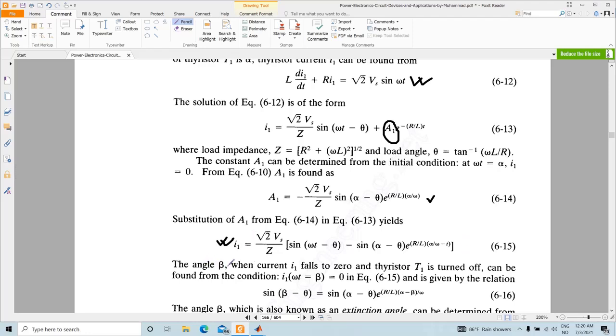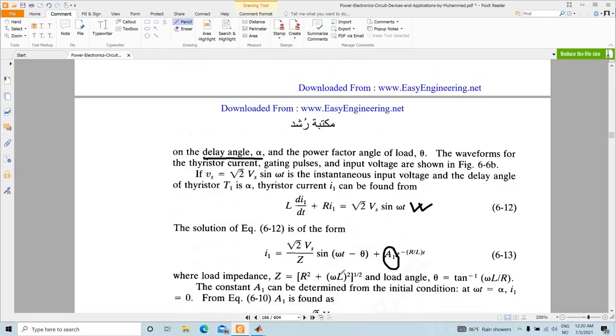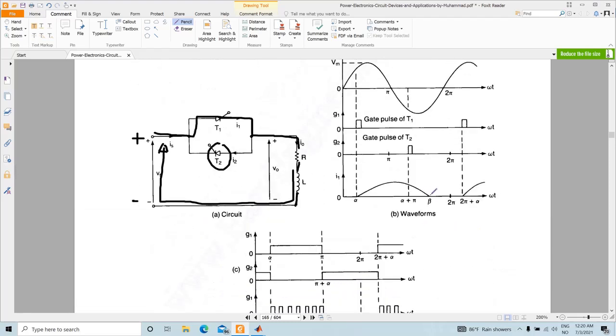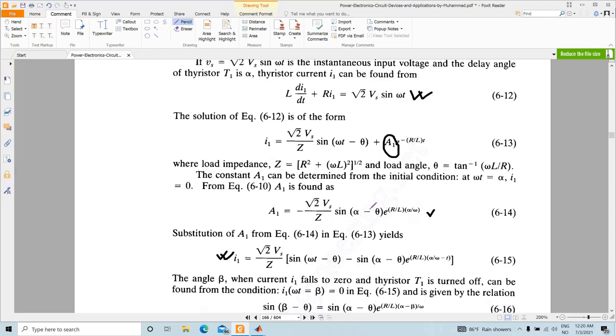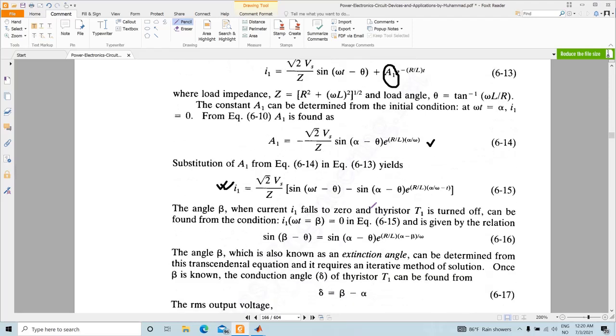So the angle beta, when current I1 falls to 0 and thyristor 1 is turned off, can be found from the condition where I1 at omega t equals beta is 0. So at omega t equals beta, this current is also 0, and from there you can get this equation here.